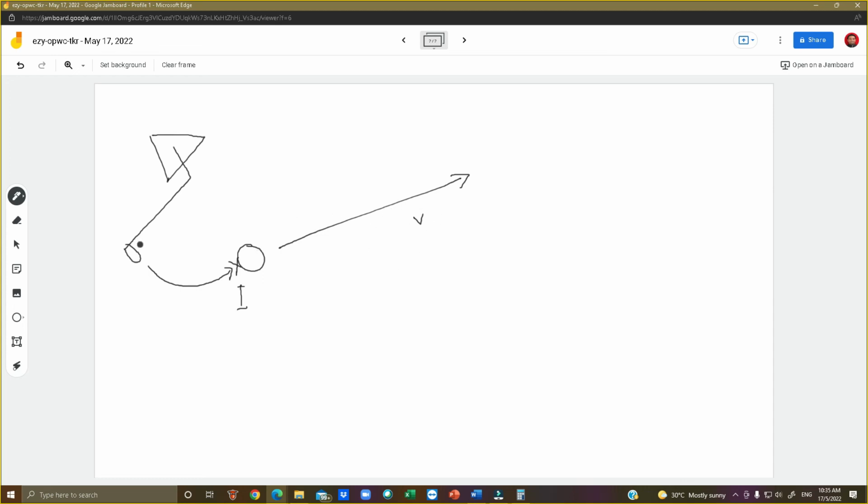Kita akan hayun kaki lebih laju. So, hayunan kaki, the act of kicking this ball is actually an angular motion. Means that we are going to have omega here. The speed of the thigh rotation.